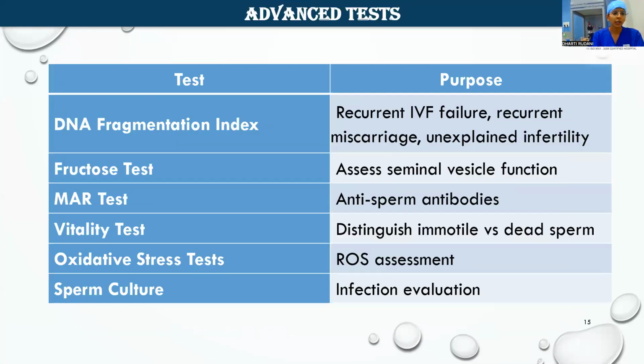Advanced tests: routine semen analysis provides valuable baseline information but does not assess all aspects of sperm function. In selected patients, advanced investigations such as DNA fragmentation, fructose test, MAR test, vitality test, oxidative stress test, and sperm culture can guide clinical management.